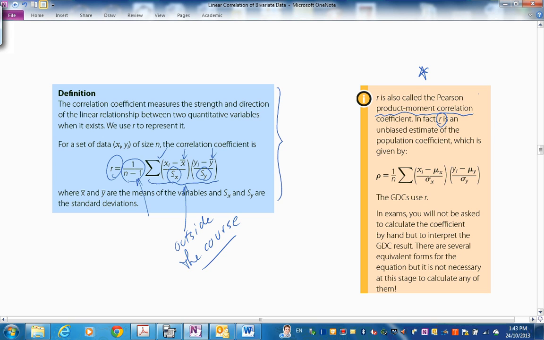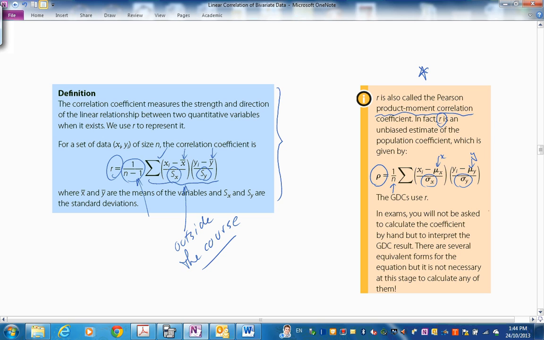Now, R from the sample, that's a sample value, and so it's R. The actual population coefficient, with the Greek letter rho, is this one on n, and we're measuring the deviations of every member in the population away from the population mean, in each case of the two variables, the x variable and the y variable, and dividing by the population standard deviation of the two variables.